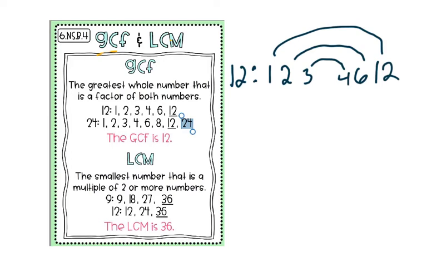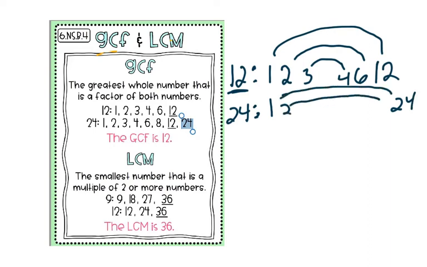So each factor is paired with its partner that multiplies with it to get the whole number that you're looking for the factors for. Okay, and then 24 would look the same. You would have 24, then you would say 1 here, and you write 24 on the other side, connect them with a little rainbow. 2, and then that goes with 12. 3 goes with 8. 4 goes with 6. Okay, so you don't miss any that way.